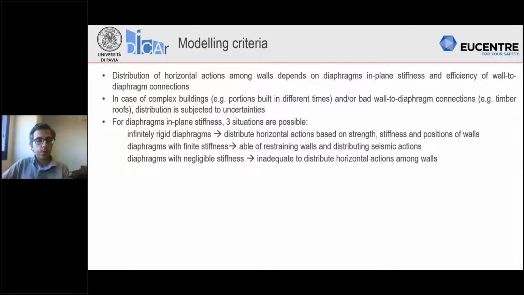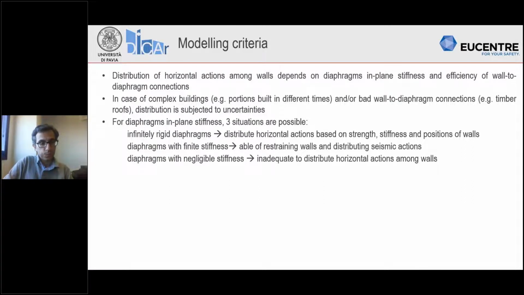The distribution of horizontal actions among the walls depends on diaphragm in-plane stiffness and also on the efficiency of wall-to-diaphragm connections. In case of complex buildings and in case of bad wall-to-diaphragm connection, this distribution of actions is complicated and is subjected to uncertainties.